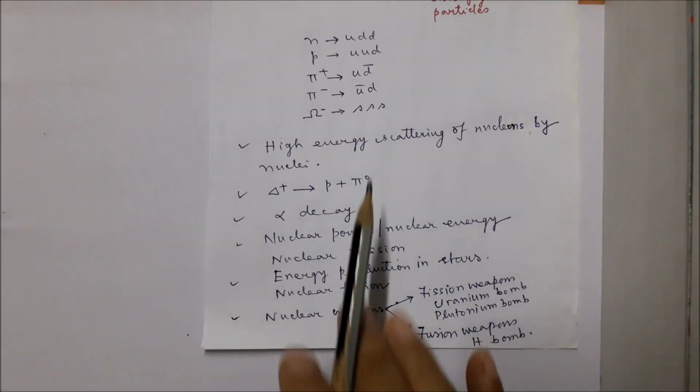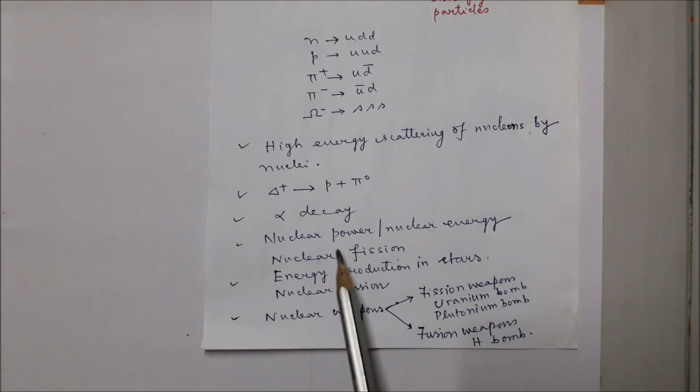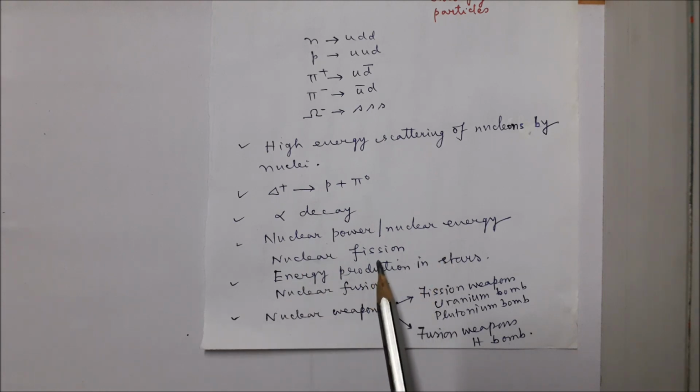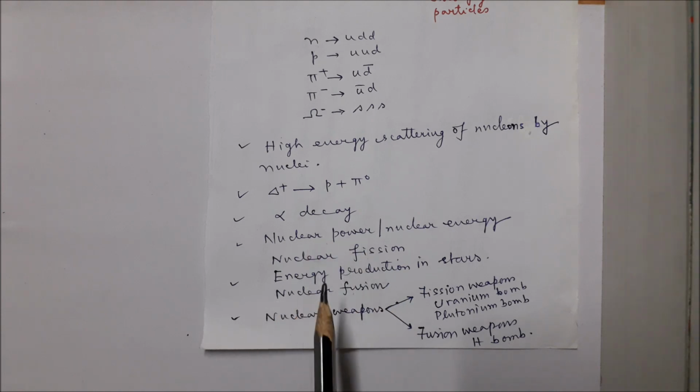Other examples involving the nucleus are generation of nuclear power or nuclear energy, which are helped by strong interaction. Nuclear fission, on which an atom bomb is based. Nuclear fusion, on which a hydrogen bomb is based. The nuclear weapons, that is, situations involving high energy release, also energy production in stars, all owe to strong interaction.